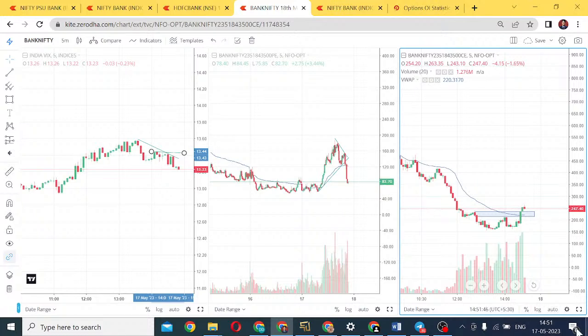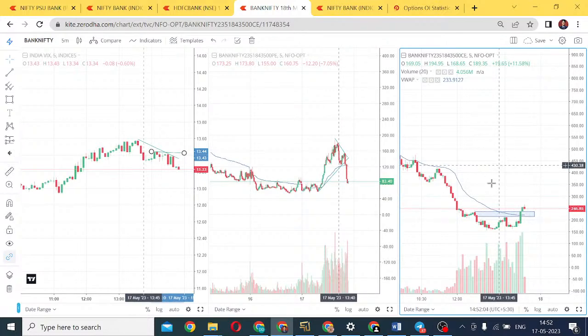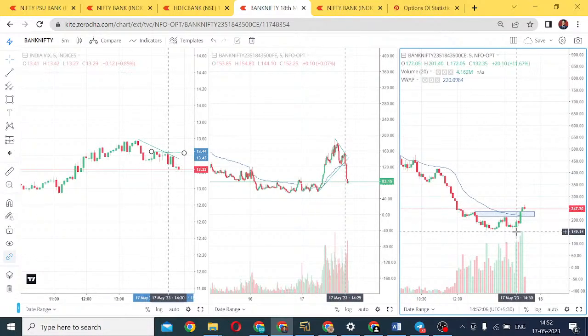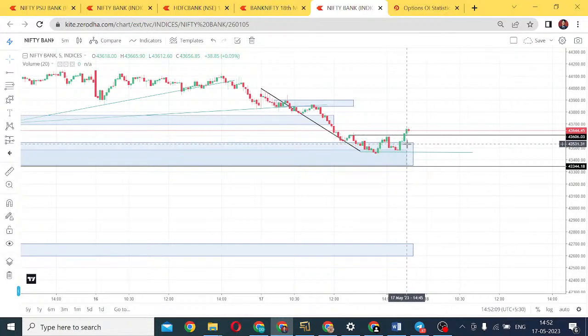Okay, see, support here can come between 232 and 221. I am ideally looking at 221, but even if it comes to 230 in 1 minute, okay, this is SL hunting. Sometimes, as the price goes up, the delta of that option typically increases.